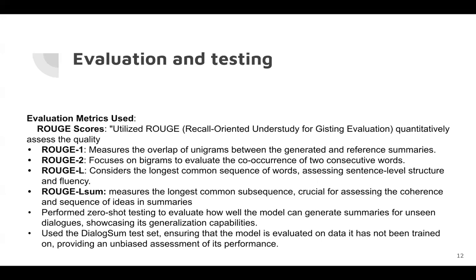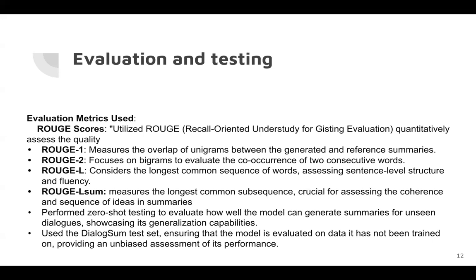Post training, our model underwent a rigorous evaluation phase using ROUGE metrics and quantitatively assessed its summarization capabilities. ROUGE is Recall-Oriented Understudy for Gisting Evaluation, which quantitatively assesses the quality of summaries.